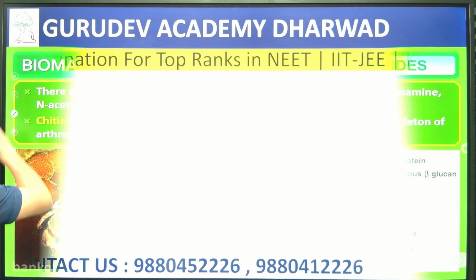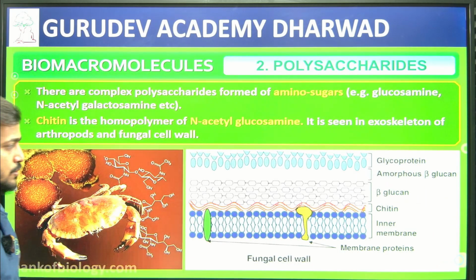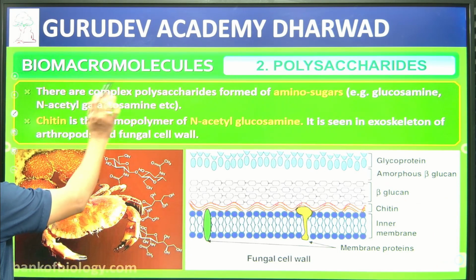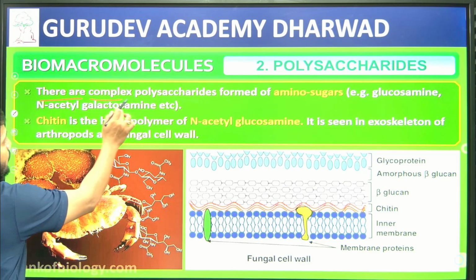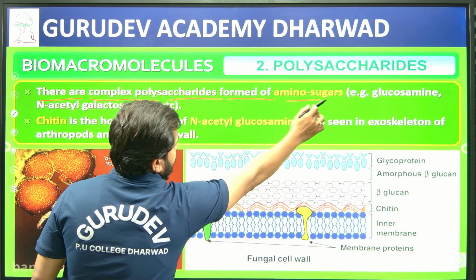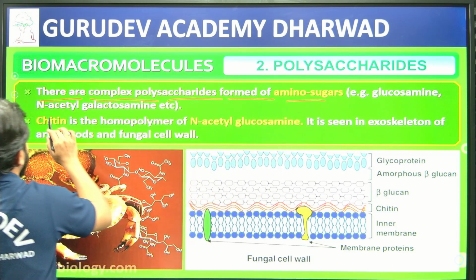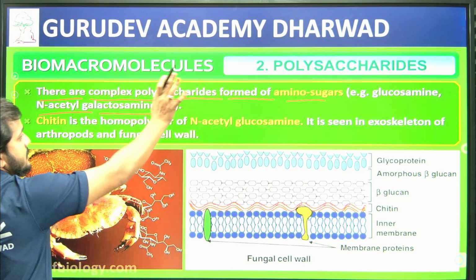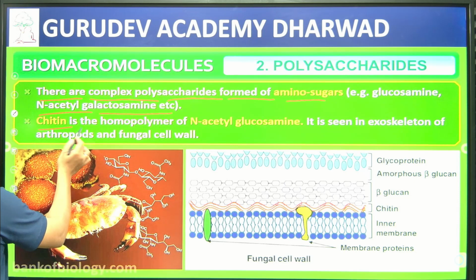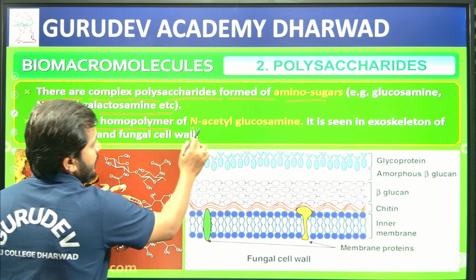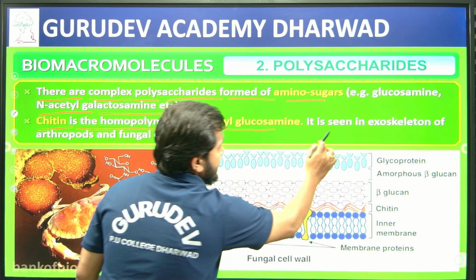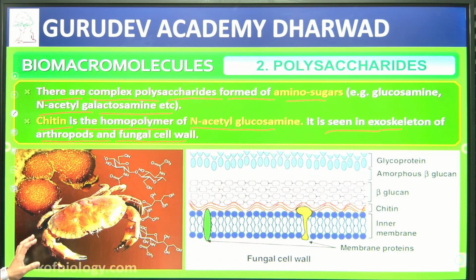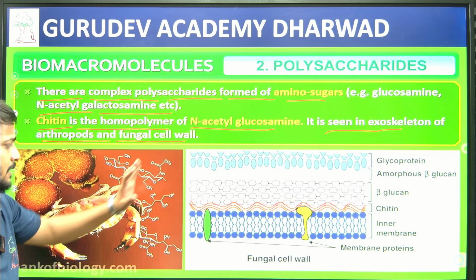So based on the presence of the glucose molecule only, we divide them into different categories. Mainly if you consider polysaccharides, these are complex polysaccharides formed by means of amino sugars, glucosamine or N-acetyl glucosamine, etc. Then chitin is a homopolymer of N-acetyl glucosamine, and it is in the exoskeleton of arthropods and fungal cell walls, where you find the presence of N-acetyl glucosamine.